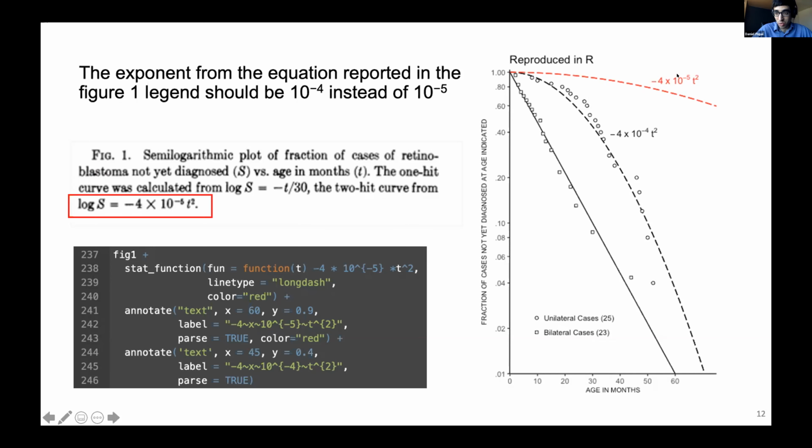When I tried to plot the exponent that was listed in the legend, I ended up getting this red curve here, when in fact the curve that most closely resembled that in the original figure differed by just an exponent. So you can see the code here for reproducing this plot.